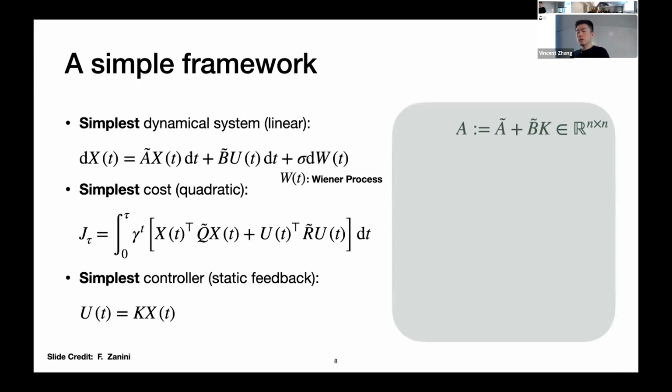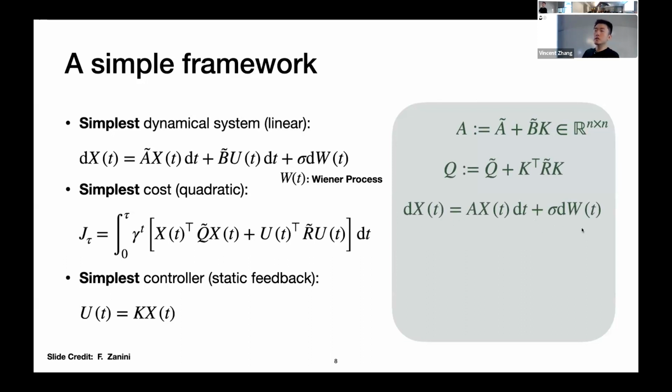And then we can plug in this controller to simplify the system. Because it's a linear scheme on the dynamics, everything becomes easy. So we end up getting this new differential equation that has this A. That A is called the closed loop dynamics.